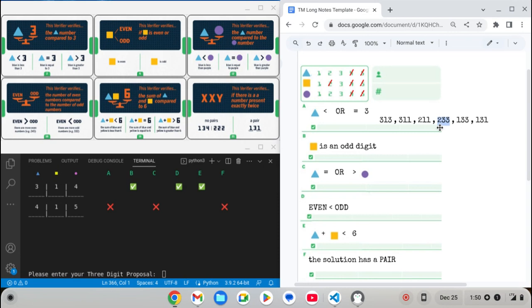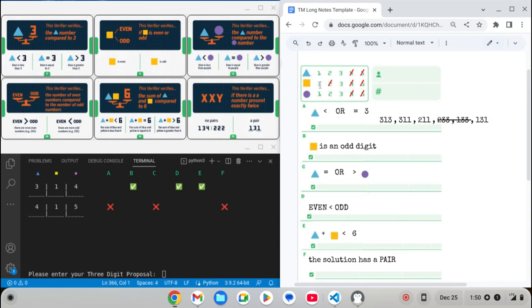Okay, we can cross out 2, 3, 3 and 1, 3, 3, because in those cases, our first digit is smaller than our last, I should say. So we can actually cross those out. 1, 3, 1 is equal. Okay. And let's see. So 1, 3, 1. 1, 3, 3 I already had and crossed out.